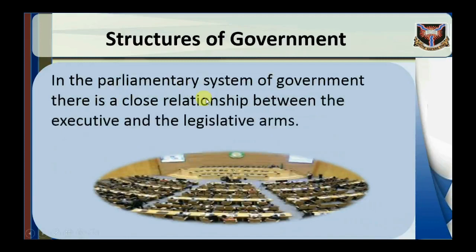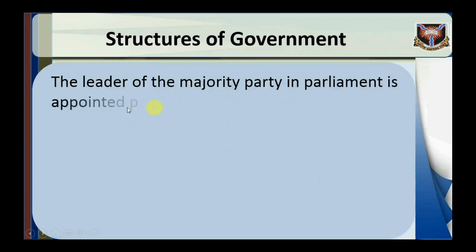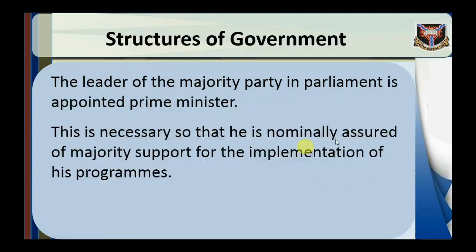An important feature of the parliamentary system of government is the close relationship between the executive and the legislative branch. The leader of the majority party in the parliament is appointed prime minister. This is necessary so that he is normally assured of majority support for the implementation of his programs.